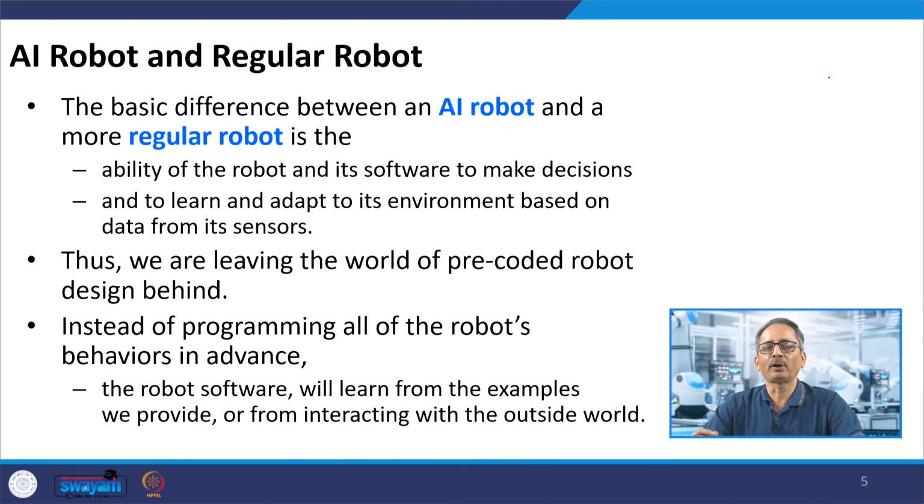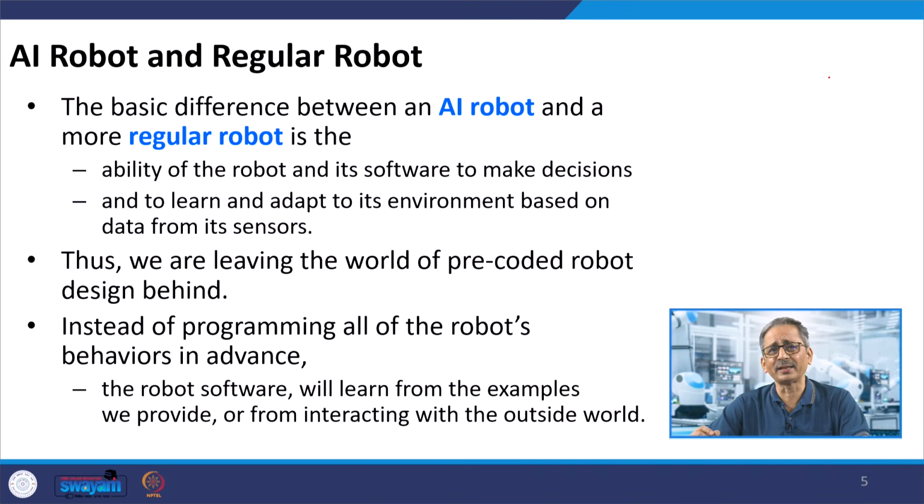Now, what is the difference between an AI robot and the regular robot which we are seeing all around? In an AI robot, we want the software to take its own decision, and not only that, it should be able to adapt to the environment based on the data it is getting from its sensors.